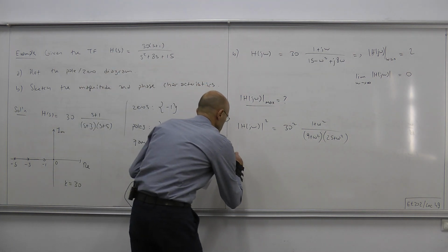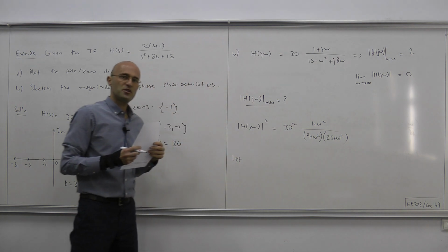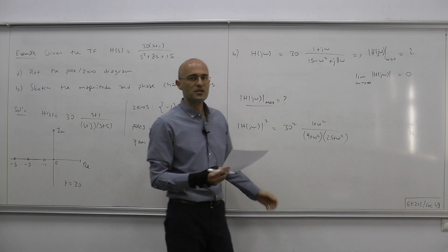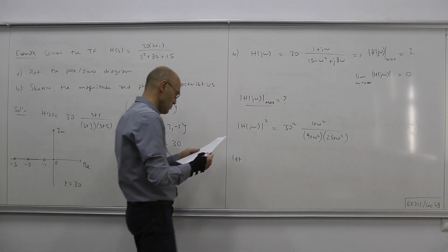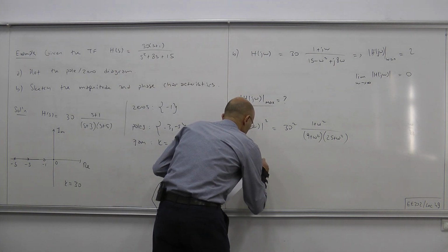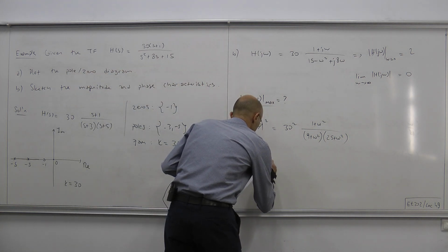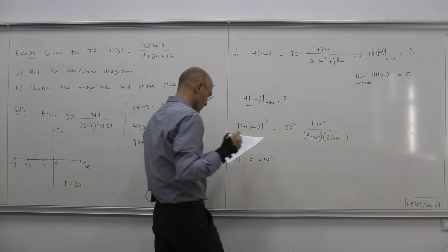Okay, so let's introduce some notation which would simplify our analysis. Note that here we have only ω squared. Therefore, we introduce a new variable, σ, which is ω squared.